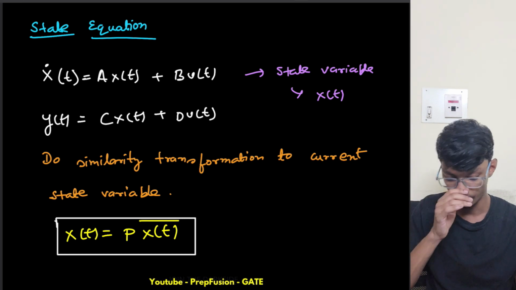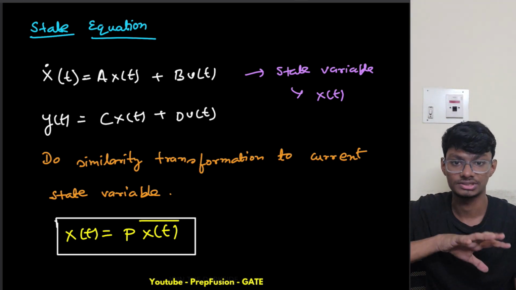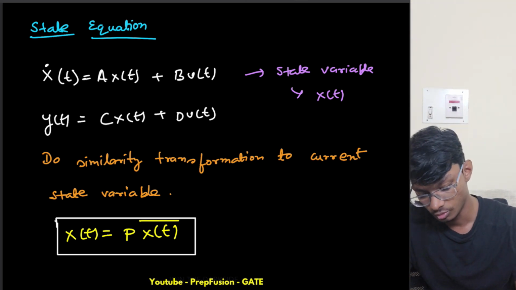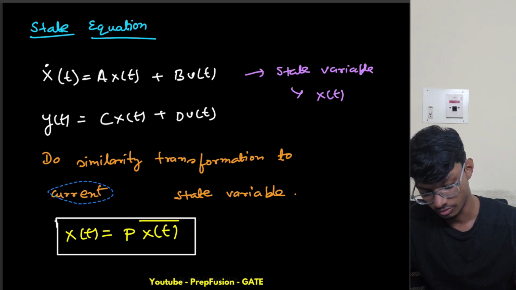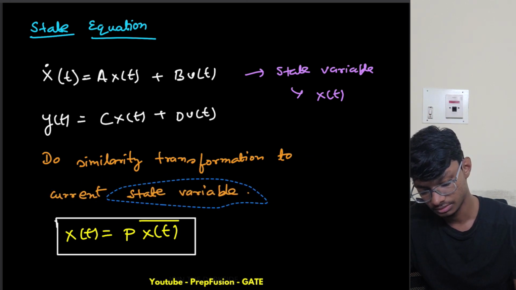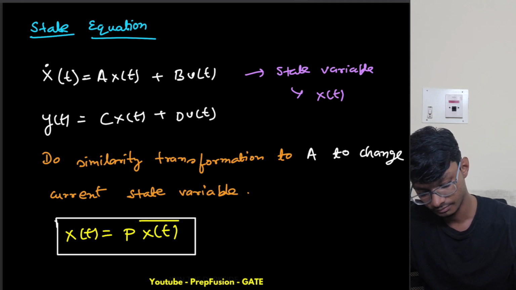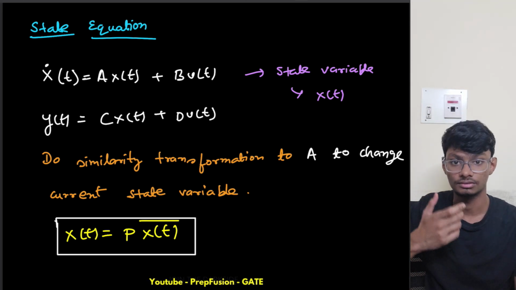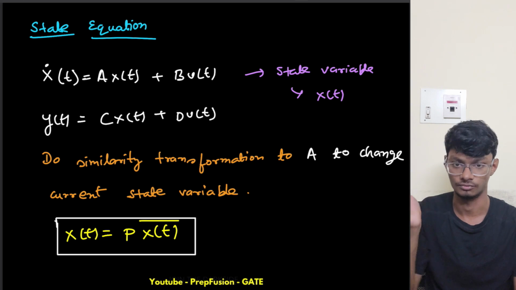Right now what we will do is apply similarity transformation to A basically. How does it happen? I'm changing x, but you are saying A is getting similarly transformed. How? We'll see.